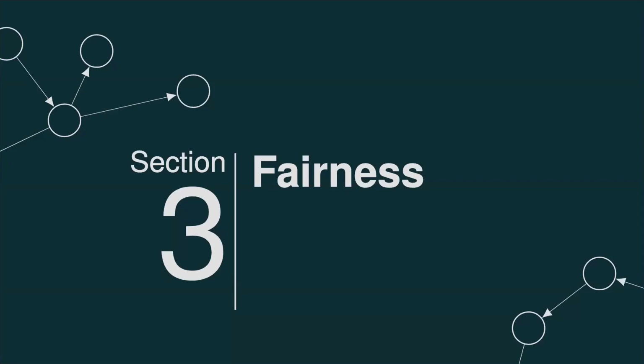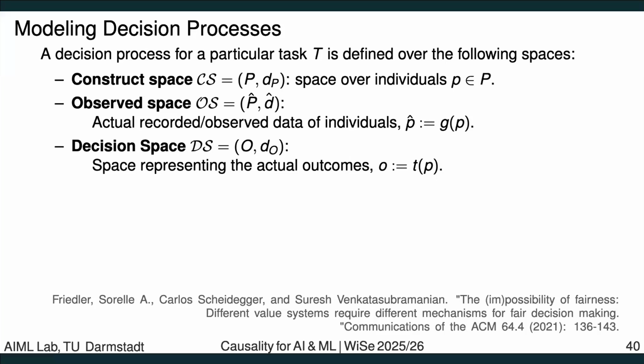So what does it mean to be fair, and which kind of definitions are there, which kind of loss functions can we apply? And what we somehow talked about already for causal models is that we might not be able to observe all the data we have.